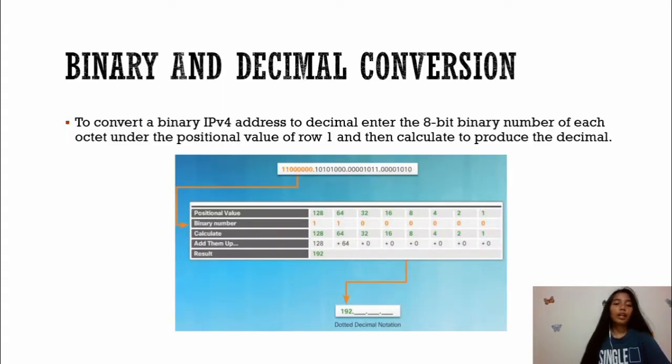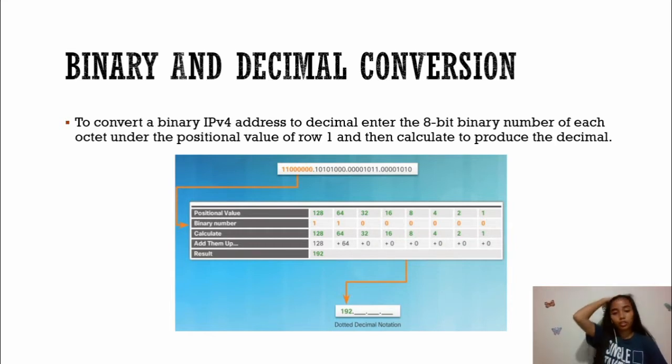We have here the binary and decimal conversion. To convert a binary IPv4 address to decimal, we enter the 8-bit binary number of each octet under the positional value row, then calculate to produce the decimal.